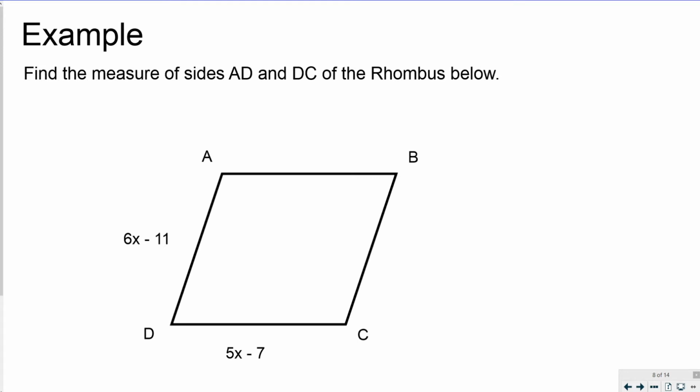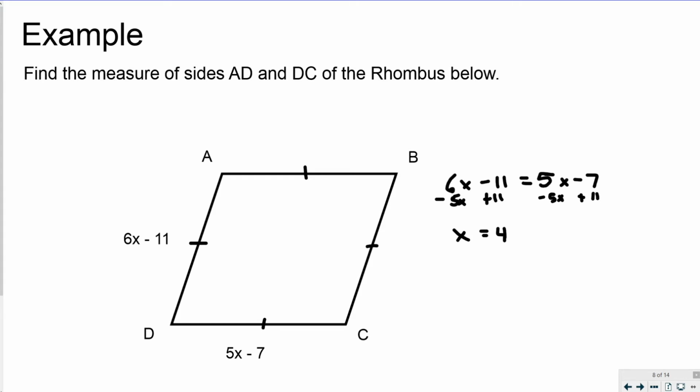Okay, find the measure of sides AD and DC of the rhombus below. Well, they told me it's a rhombus, so I know that all four sides are congruent. So 6x minus 11 has to equal 5x minus 7. If I add 11 to both sides and subtract 5x, I get x equals negative 7 plus 11, which is 4.